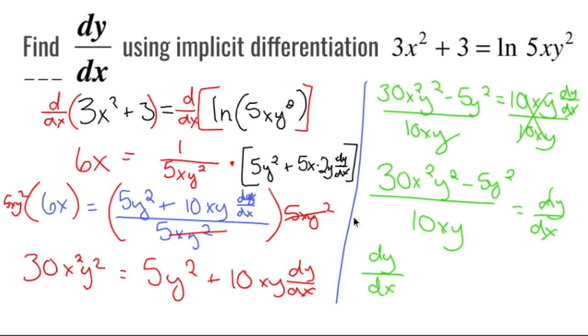So let me pull out and divide out a 5 and a y. So my final answer is going to be 6x squared y minus, divide out a 5 and a y from that, so that leaves me with y, over, divide a 5 and a y from that, 2x. And there you have it.